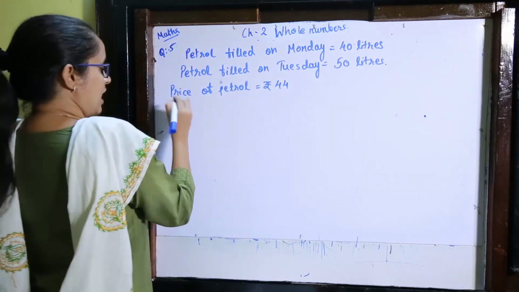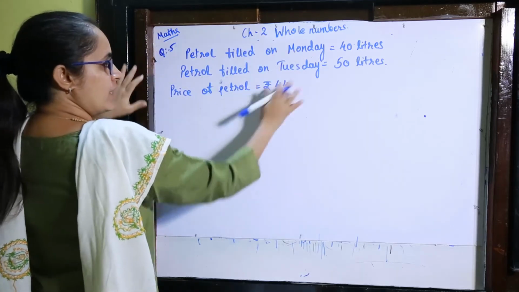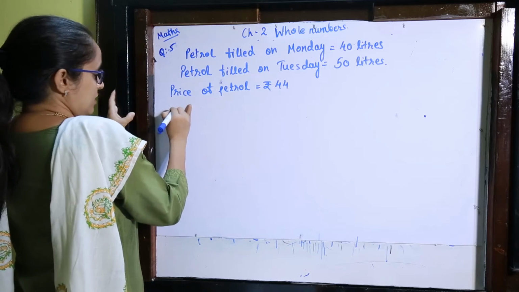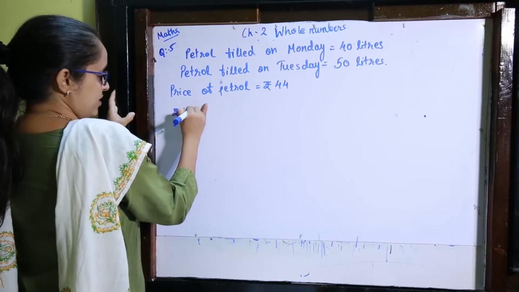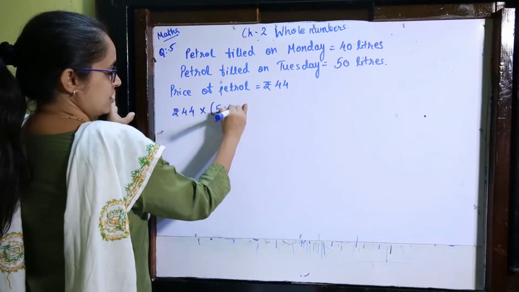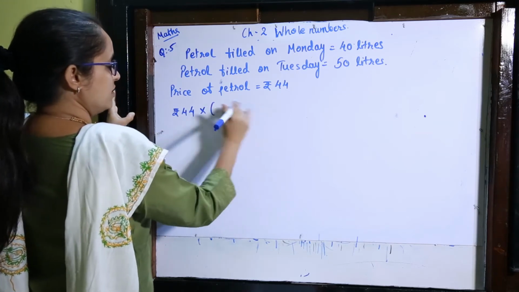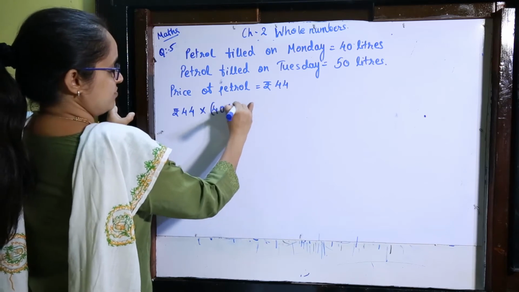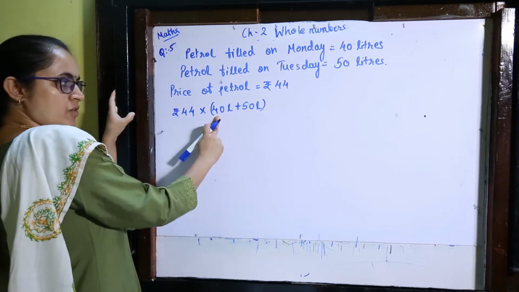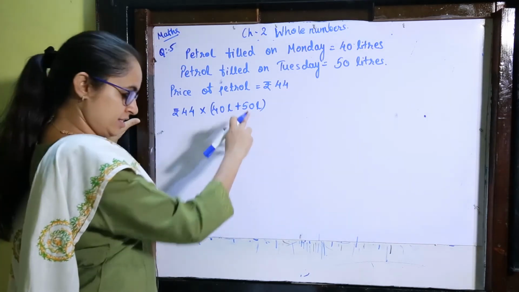So the property, you can write this as a distributive property like this: rupees 44 every time he filled, multiplied by 50 liter plus 40 liter. Why? Because on Monday he filled 40 liter, on Tuesday he filled 50 liter.